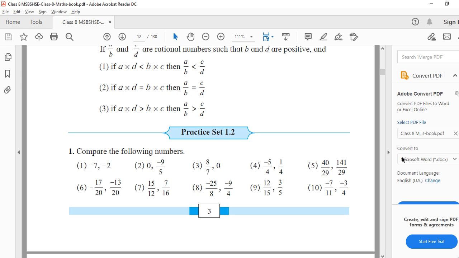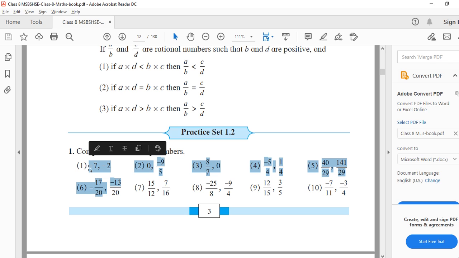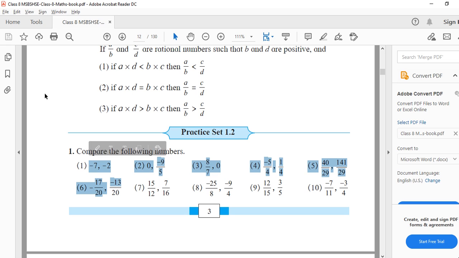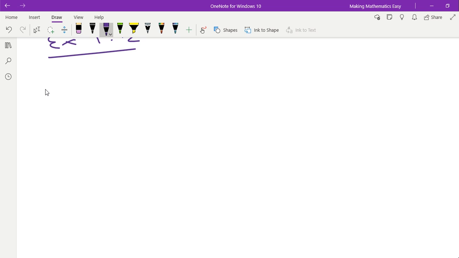So let's just do it. Up to some number 6, it's comparatively easy, so we can directly write. First sum is -7 and -2.